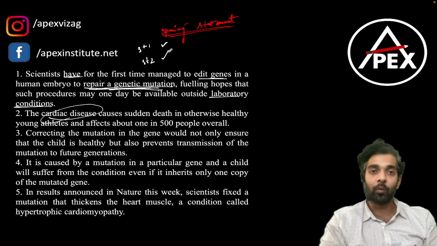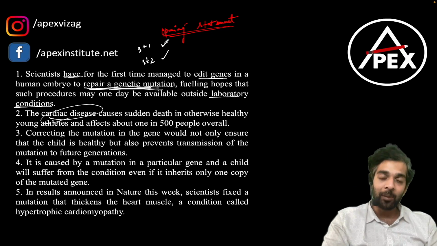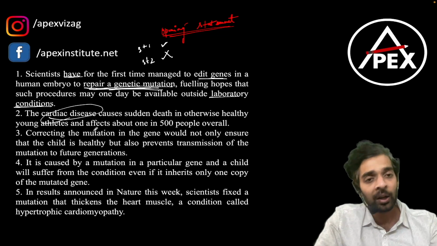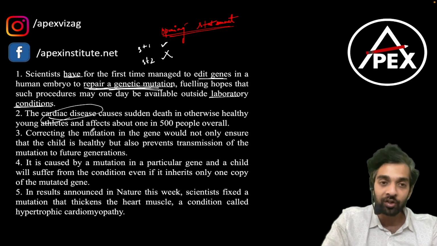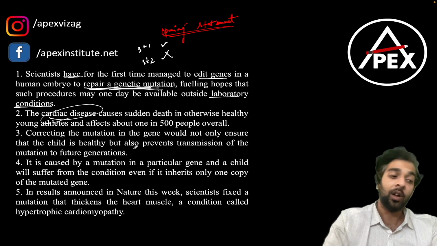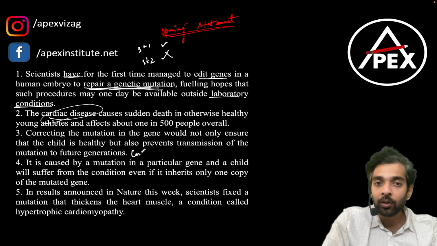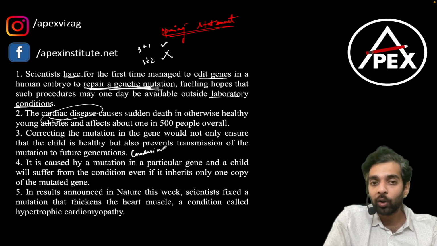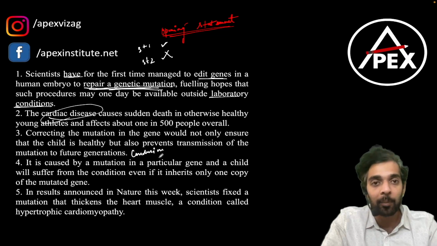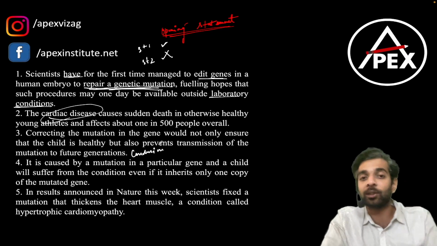So what I can see is that statement 1 is more of an opening sentence than statement 2. Next, correcting the mutation in the gene would not only ensure that the child is healthy but also prevent transmission to future generations. This somewhat looks like a conclusion altogether. You have done all you have to do, but not only now, later also nothing should happen. So this sounds more like a conclusion than the starting.